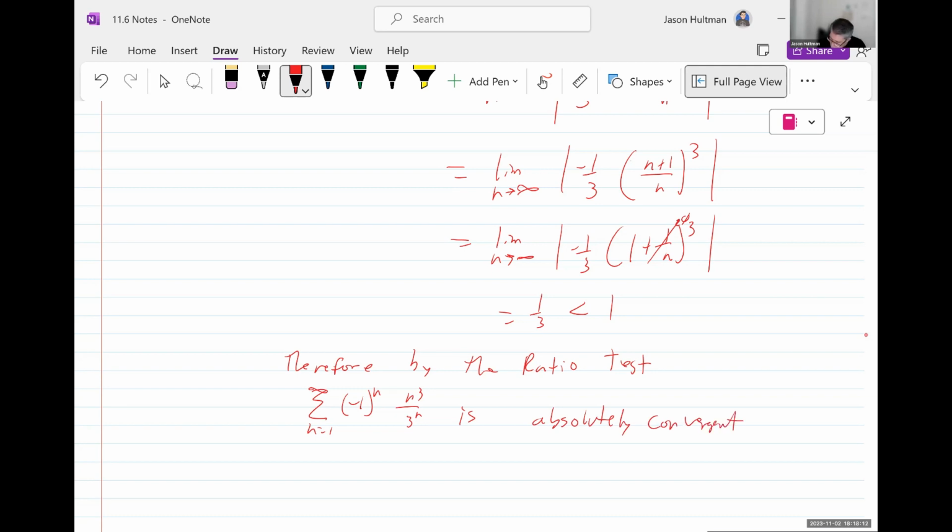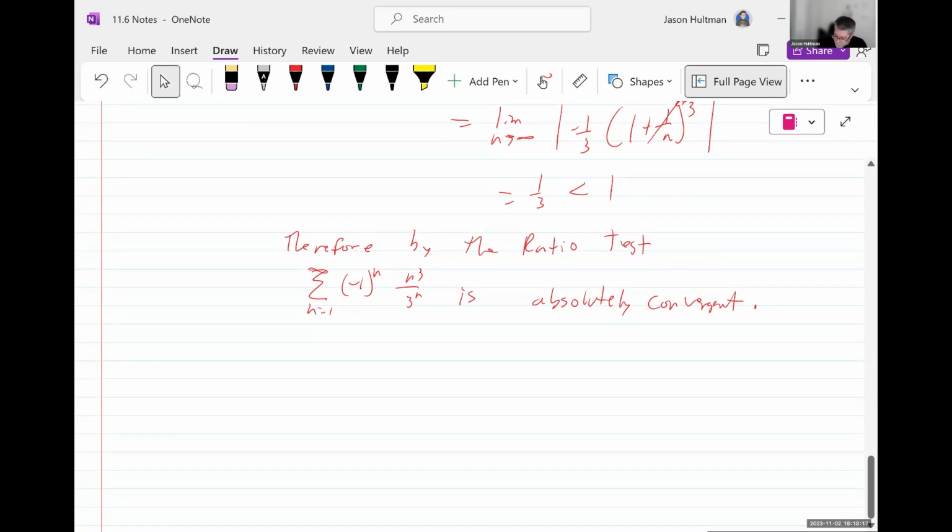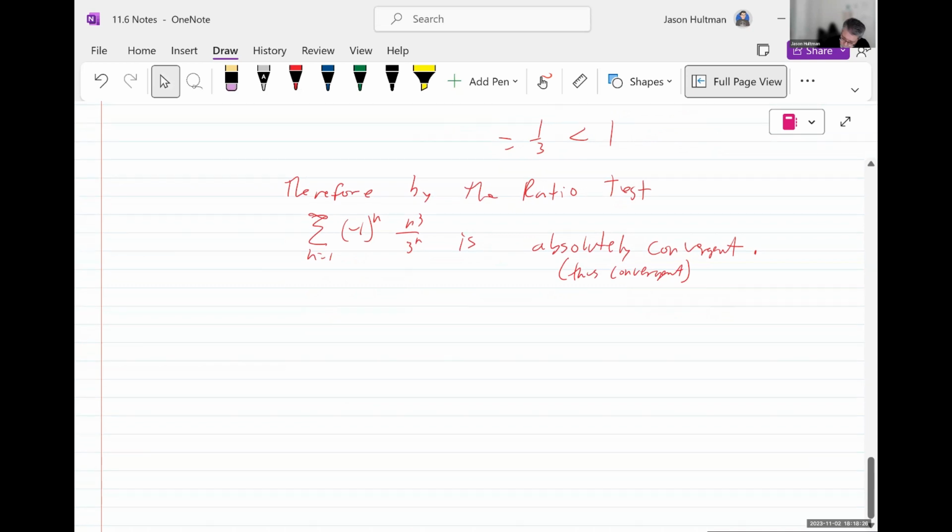Okay, and thus convergent. Okay, but again, absolutely convergent implies convergence. Okay, thus convergent.